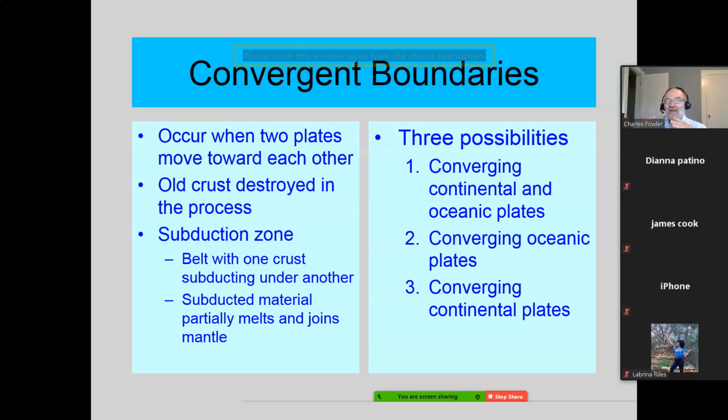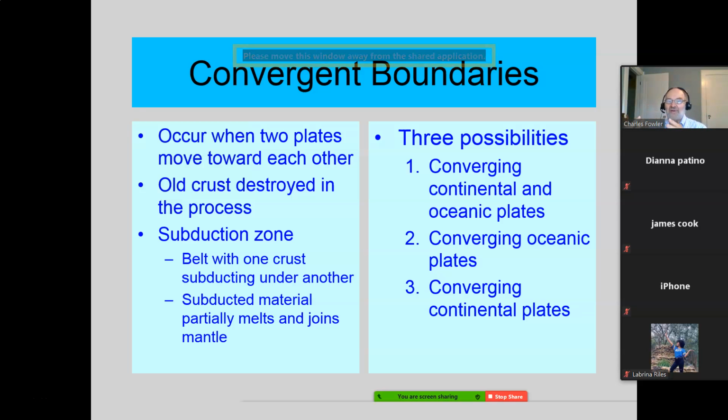Convergent boundaries, there are actually two kinds of these. No, three kinds, okay? These occur when two plates move toward each other. Now, whereas you had new crust being formed when you diverge because new magma comes up and forms new crust, here, old crust has to be destroyed because they come together.